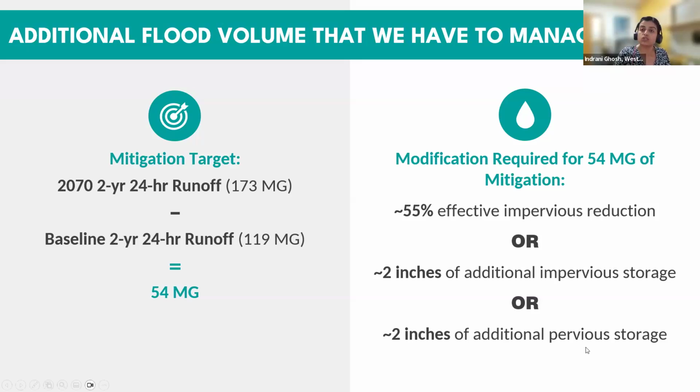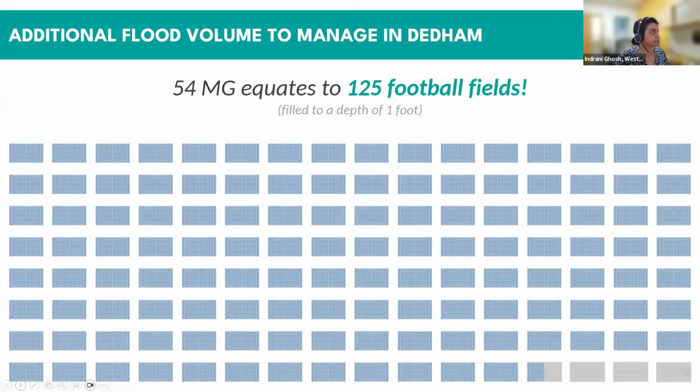Could we also potentially consider storing some of that runoff underneath existing pervious locations, such as open spaces, parks? Can we convert them into floodable spaces and have them then drain post a storm event? So those were some of the strategies that we evaluated to manage the future stormwater flood volumes.